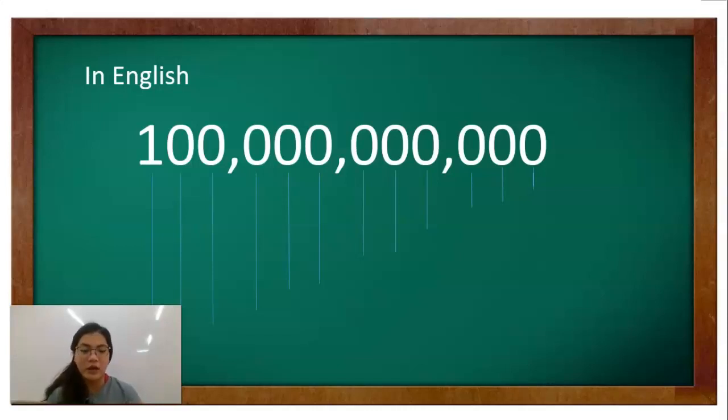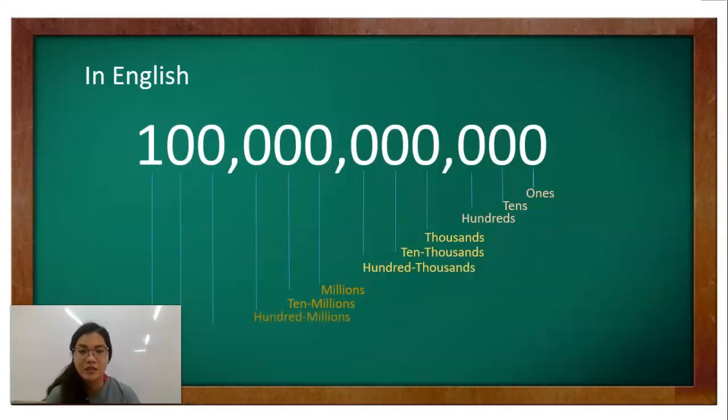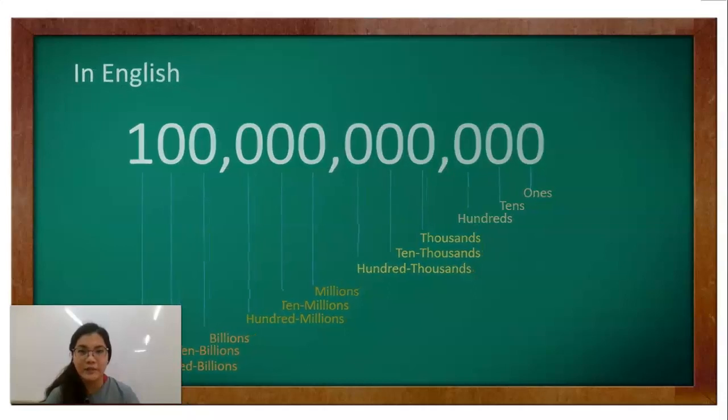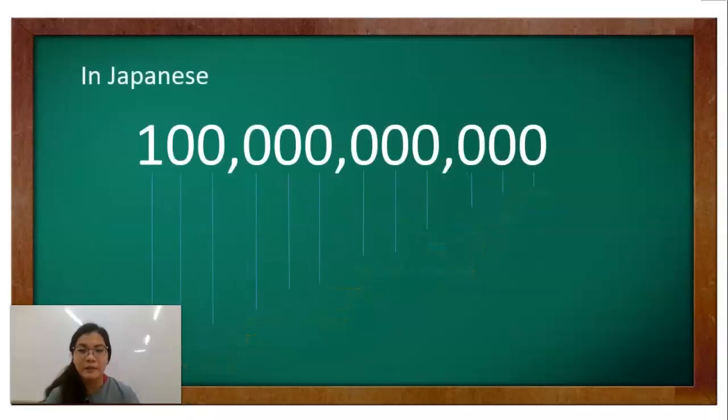So let's count from each places. So this is ones, tens, hundreds, thousands, 10,000s, 100,000s, millions, 10 millions, 100 millions, billions, 10 billions, and 100 billions. Okay, so the same in Japanese.